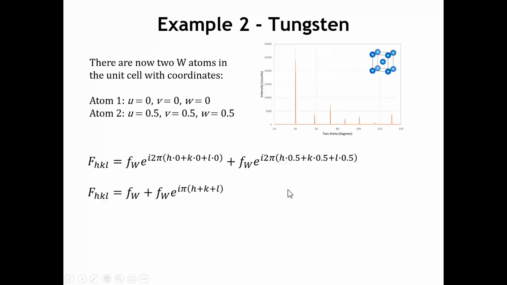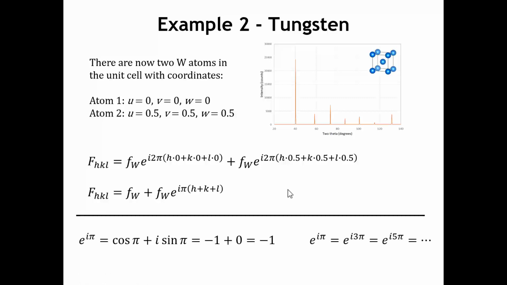To further simplify this, let's just remind ourselves of a couple of relationships that we can use. e to the i pi, we could also write that as cosine pi plus i sine pi. Well, pi, right, that's 180 degrees. So cosine of pi is -1, and sine of pi is 0. And so e to the i pi is not a complex number.